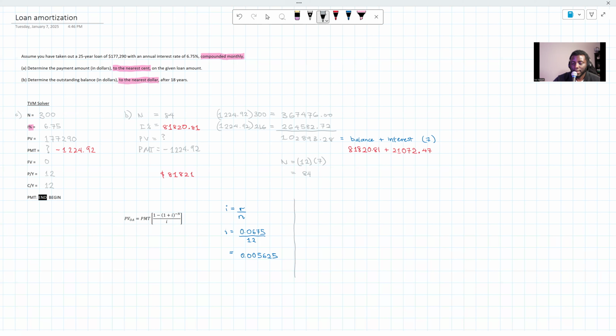And then we can rearrange the formula to get whatever we need. So for instance, in part A, we're looking for the payment. So to find the payment, I'll divide both sides by the ugly chunk, I might say.